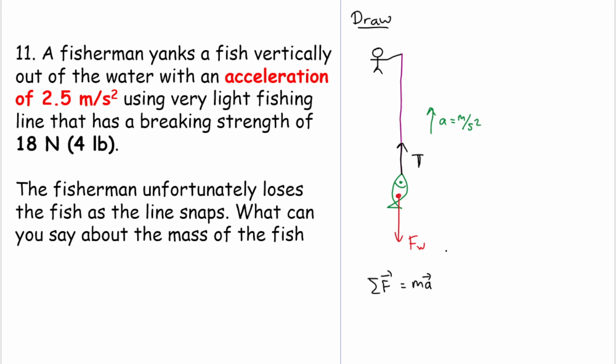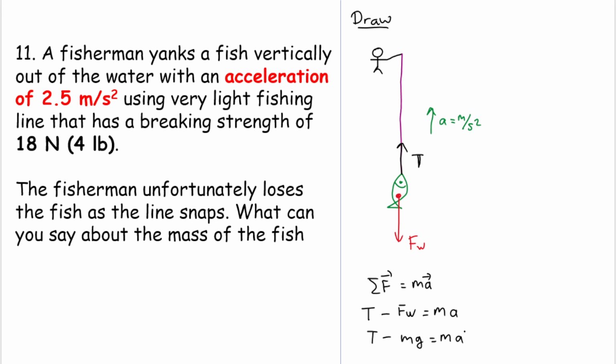If this is the positive direction here, we will have T minus Fw, or the mass of the fish times gravitational acceleration, mg, equal to the mass times the acceleration here. Now we can plug in the weight: T minus mg, with m the mass of the fish, will equal the mass times acceleration.